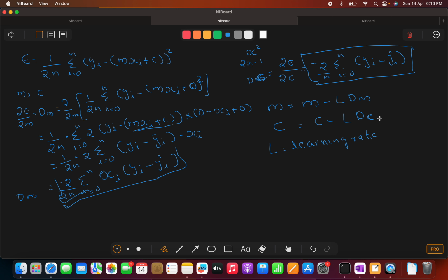The learning rate will help us to learn in a faster way or slow it down. I will say it in a different way. The learning rate will help us to control the movement of these points, m and c.